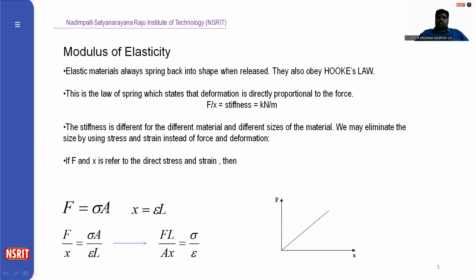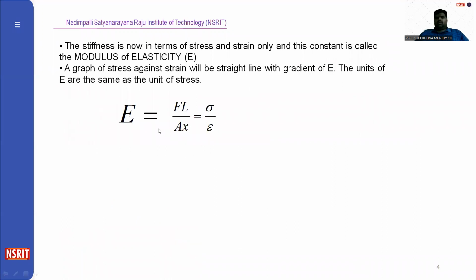So force, or load, we can write as sigma into A, and strain x is the change in length by original length, that is, delta L by L. So F by x is equal to sigma A into L by delta L, which shortly gives sigma by epsilon equal to E. This sigma by epsilon is nothing but stress by strain, and it is called the modulus of elasticity. Its units are Newton per meter square or Newton per mm square.